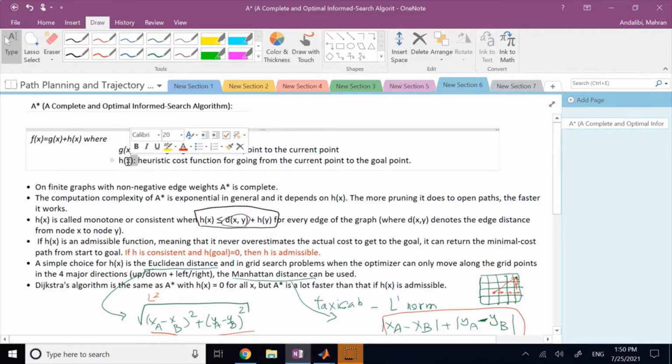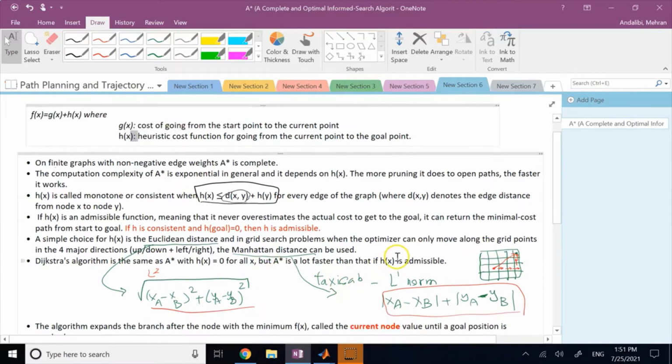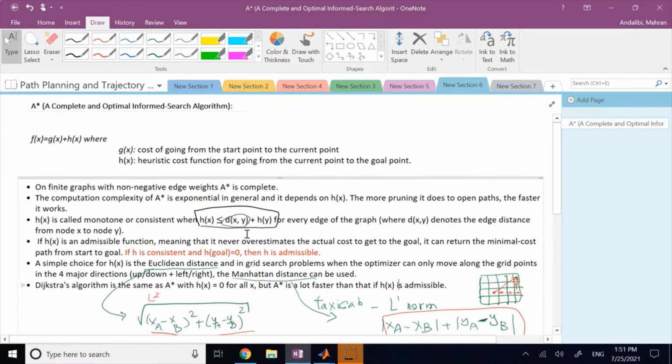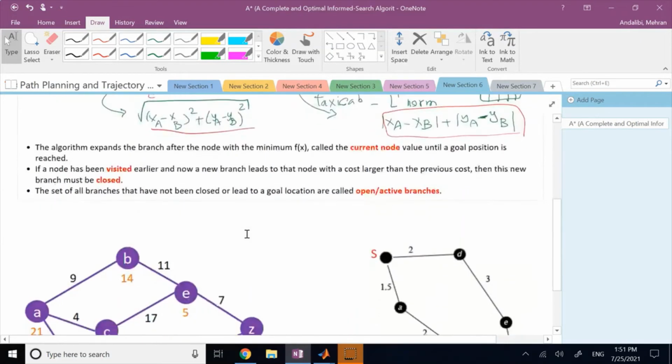That's why this method A star is way more intelligent than Dijkstra, and for many applications it outperforms it. It performs a lot faster than Dijkstra. So Dijkstra is a special case of A star when H is considered 0. Good. So these are important properties of A star that I wanted to talk about.